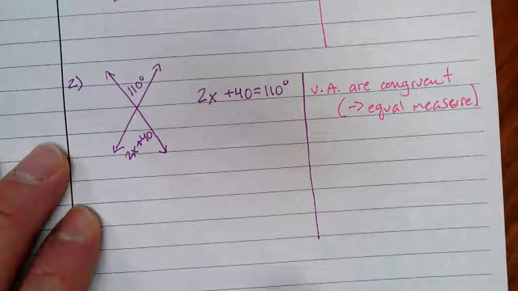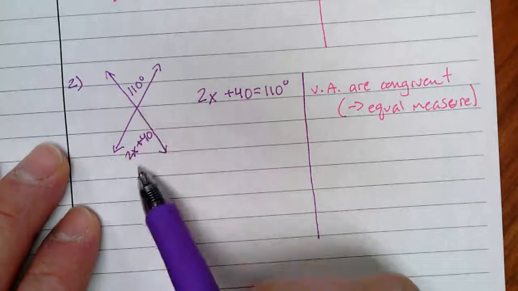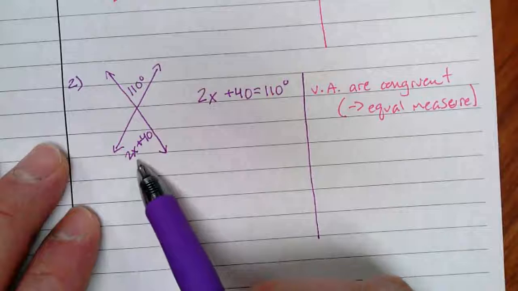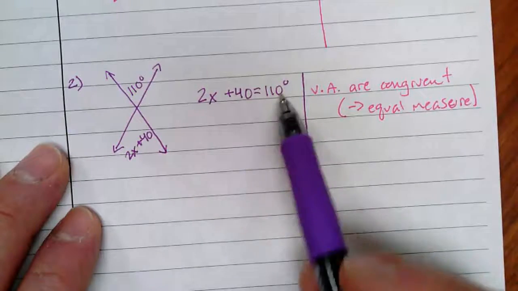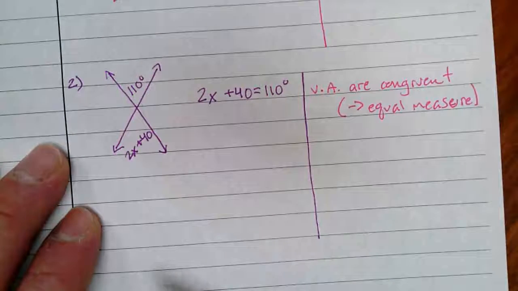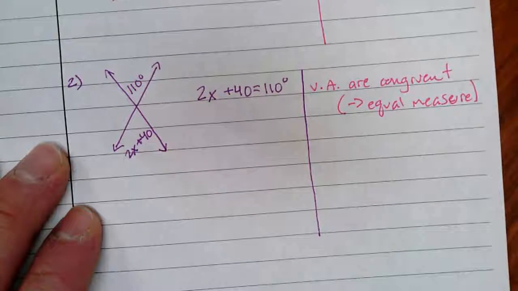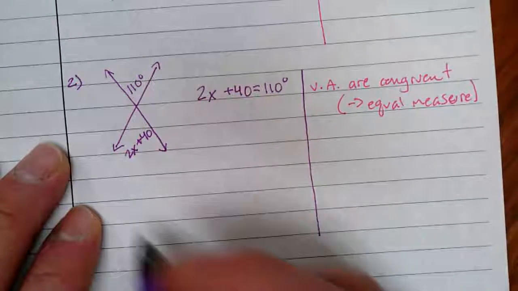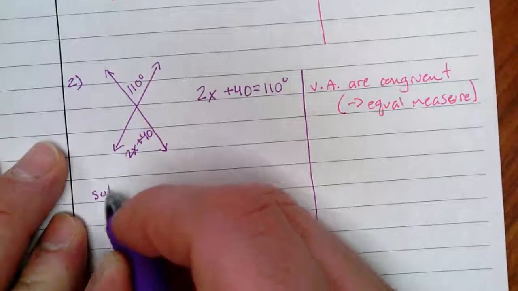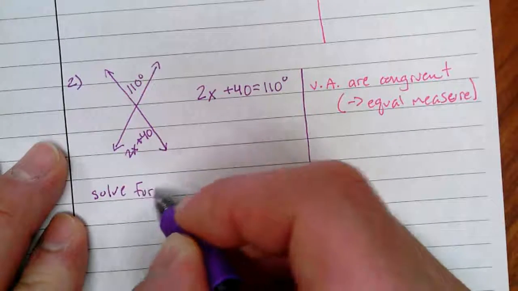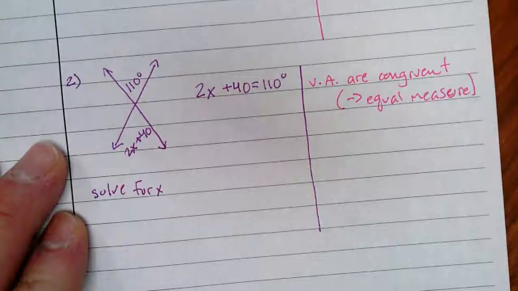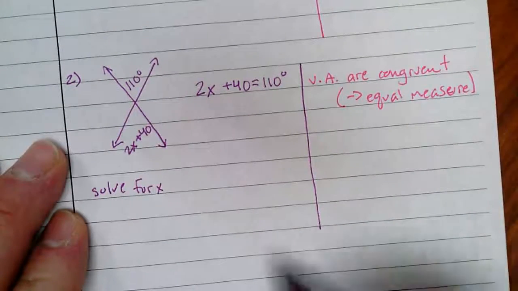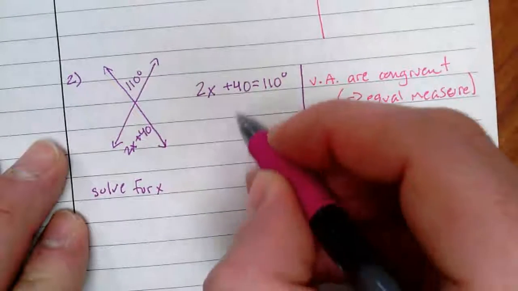All right, so we've got that this angle is 110. This angle is whatever x is. 2x plus 40 must equal 110 because these two angles have the same measure. So we've got to figure out what x is. Let's make a note here. Solve for x. All right. So first thing we're going to do is we're going to subtract 40 from each side.